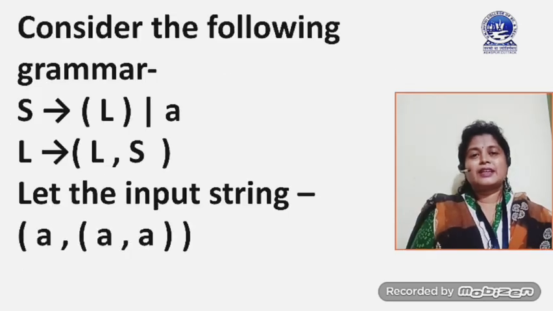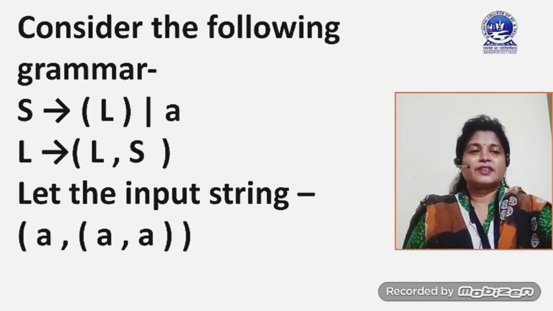Now I am taking another example to explain operator precedence parsing. Let the grammar be S implies (L), S implies A, L implies L comma S, and let the input string be opening bracket A comma opening bracket A comma A closing bracket, then another closing bracket.